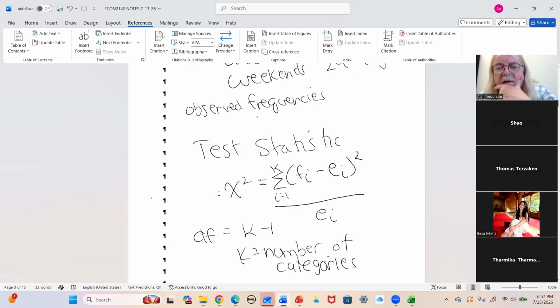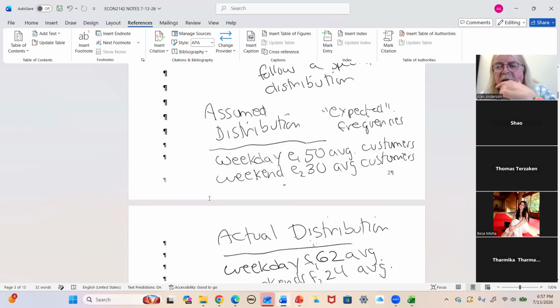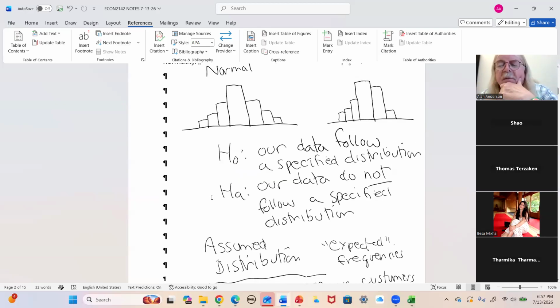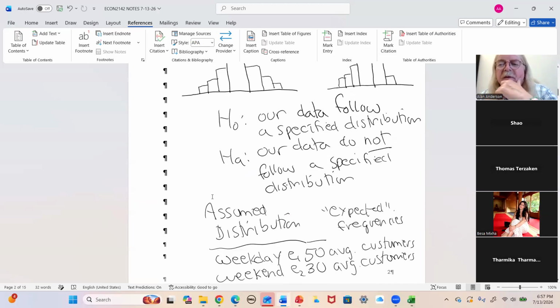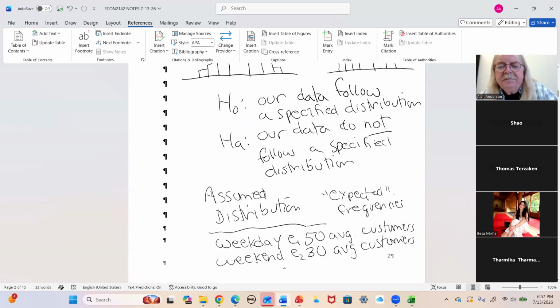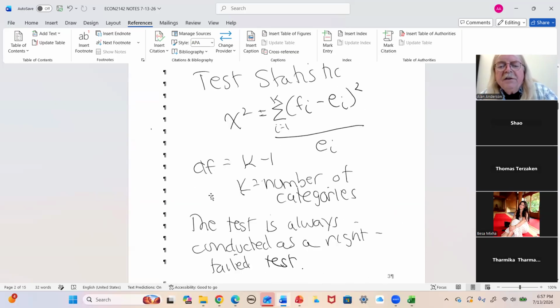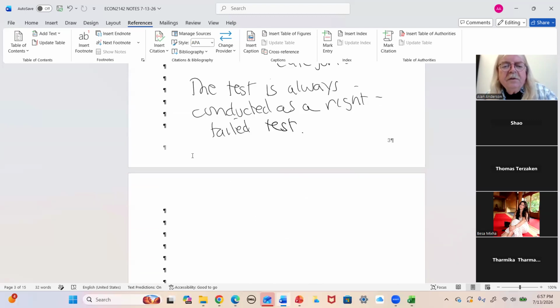Because of the way it's set up, when the null and the alternative hypothesis are yes or no like this, we end up with a right-tailed test. We can't have a two-tailed test or a left-tailed test because it's either they do or they do not follow this distribution. And so therefore, the critical value will always look like this: alpha, and I'm going to write here k minus 1 degrees of freedom.